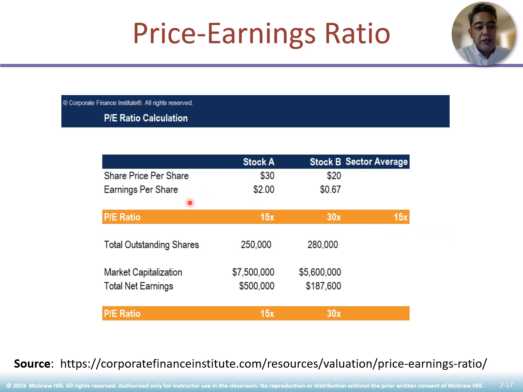So that's why stock A is still good. But you can tell that stock B is performing more on PE ratio compared to stock A. But you can also tell that right now, earnings for stock A is better compared to stock B.